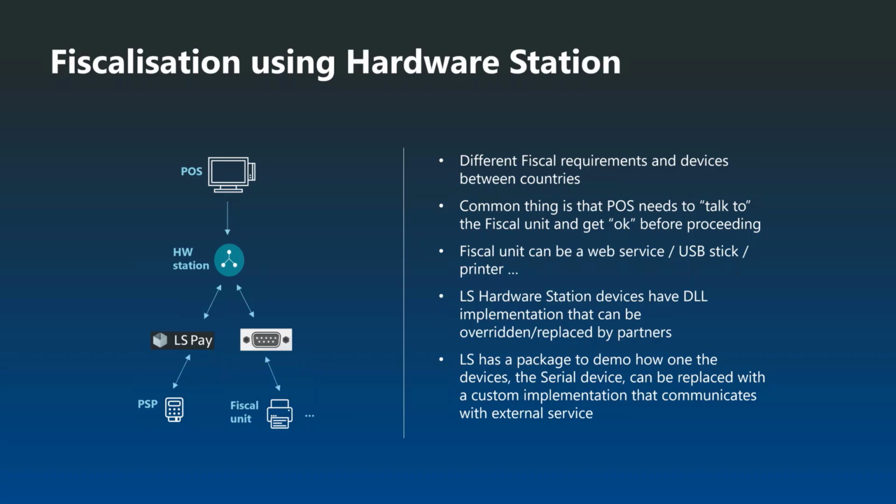To describe this a little, the LS Hardware Station devices have a DLL implementation of all of those devices that come in the package with the hardware station. But these implementations can be overwritten or replaced by partners with their own implementation. And our sample code shows how to create a custom serial device implementation for that purpose.